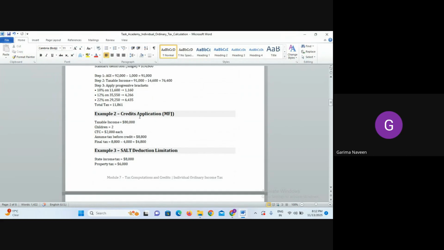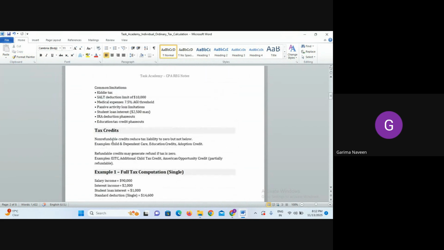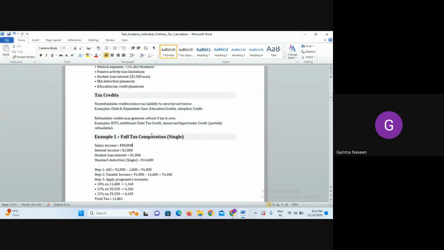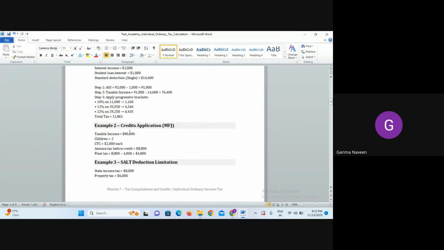Next is credit application. How will you apply the credit? Basically, there are certain credits available, like non-refundable and refundable. Depending upon the limitation, you can apply your credits. For example, if your taxable income is $80,000 and the number of children is two, then you have the child tax credit, which is $2,000 for each child.